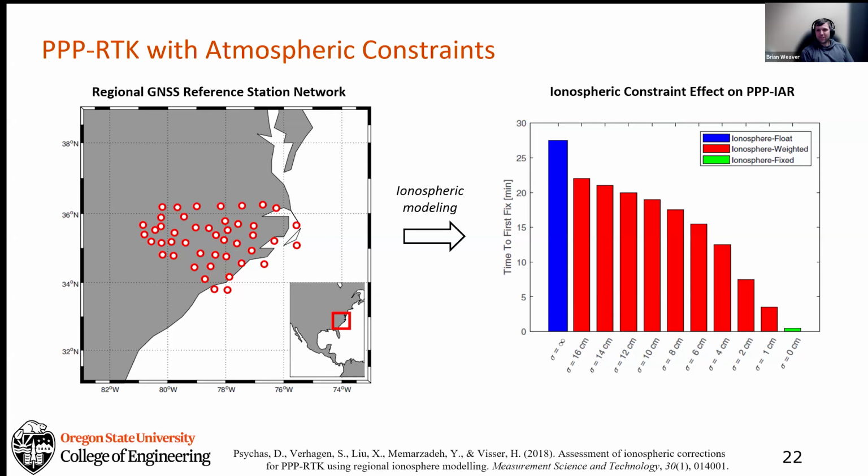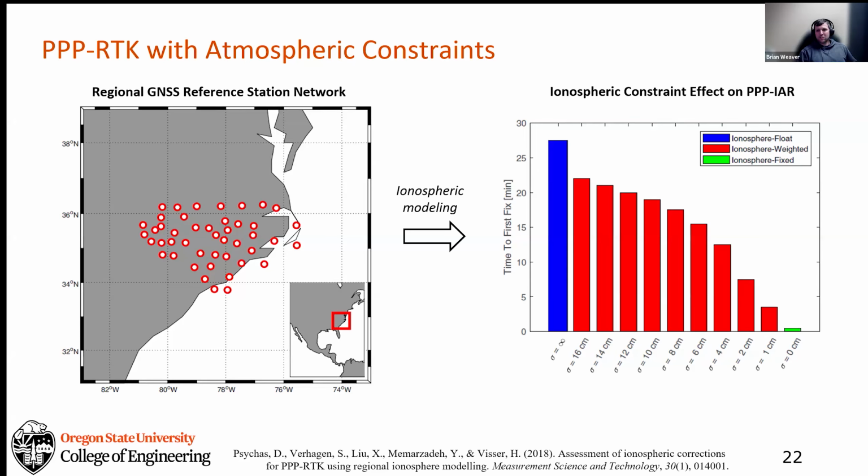And then the most state-of-the-art approach is PPP-RTK, which combines different systems and frequencies together, also using integer ambiguity resolution for PPP. And on top of that, applying some regional atmospheric information to further strengthen the PPP user's performance so that it can approach something more like RTK.